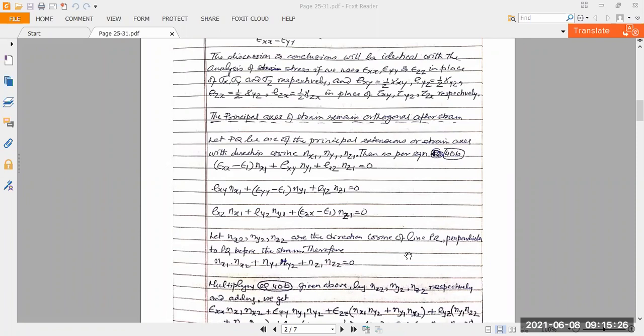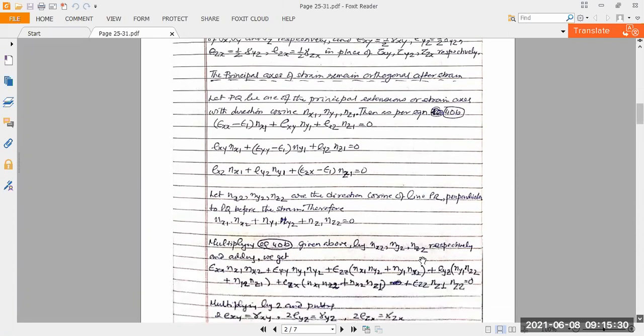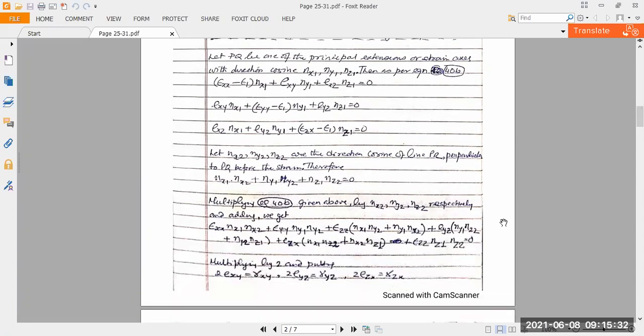Now multiply equations 4a, 4b, 4c given above by nx2, ny2, nz2 respectively, and the equation will take this particular form.